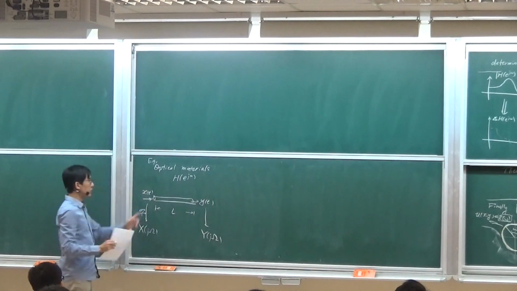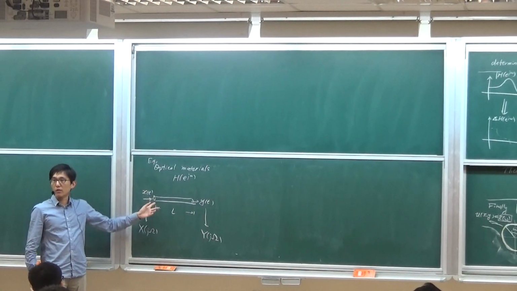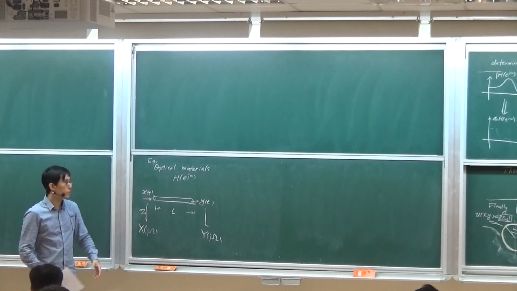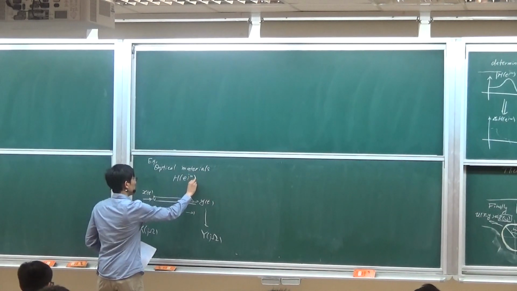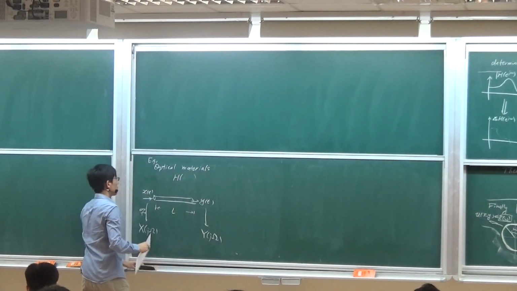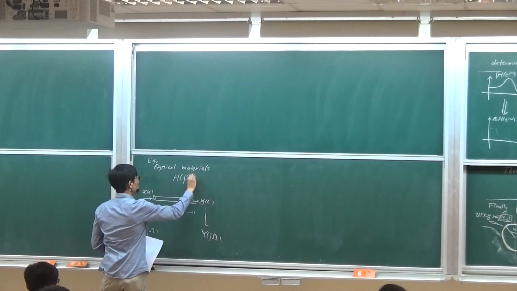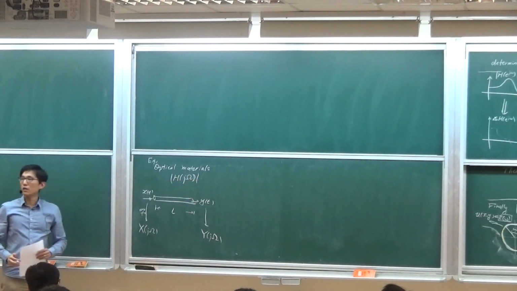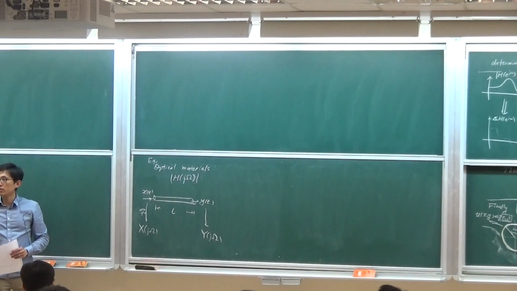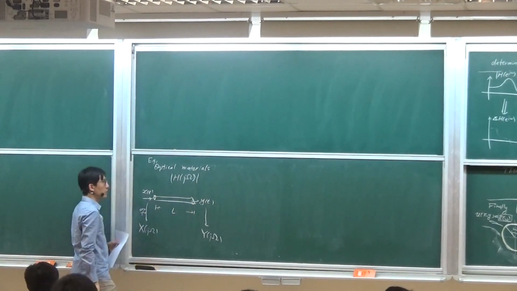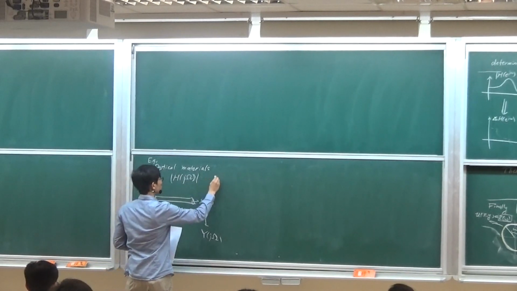This is a linear system, and we can characterize it with a system function H of j big omega, putting everything in continuous time. This tells you how much the light is absorbed or attenuated from the left side to the right-hand side. We say this is attenuation.